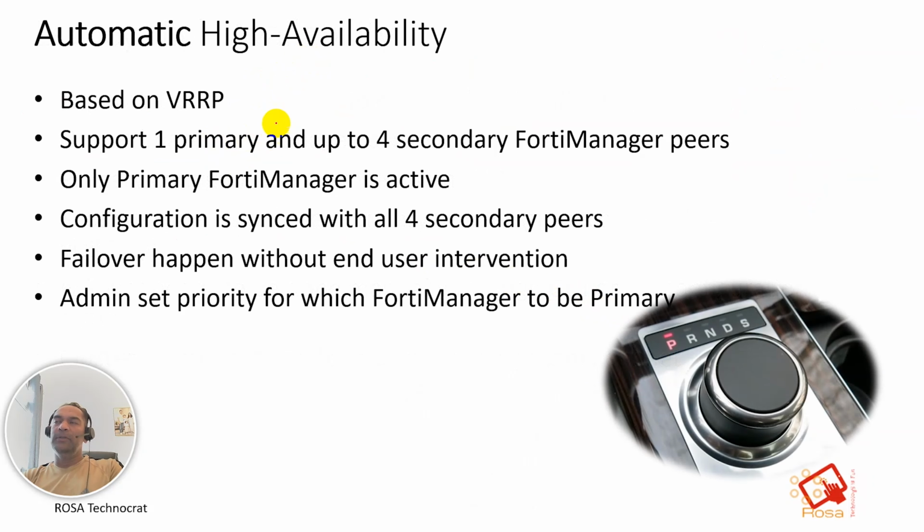When we talk about automatic high availability, automatic high availability is VRRP. This is the main topic that we were supposed to discuss today. Automatic high availability is based on VRRP, Virtual Router Redundancy Protocol. Anyone in networking might know about VRRP.